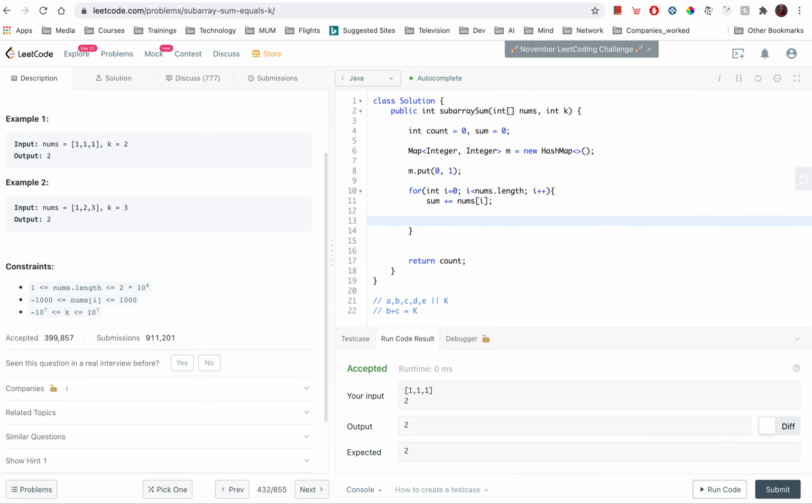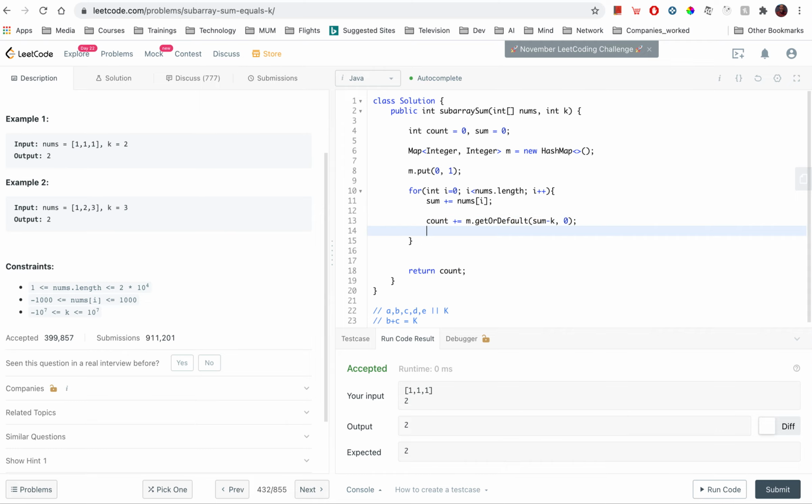So what I can do is count plus equals m.getOrDefault(sum minus k, 0). So it's searching for a sum minus k, which, if it has already occurred, then by adding the current number, we have found a subarray with sum equal to k.